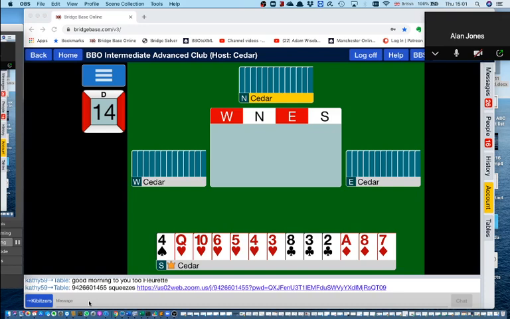Then we started to do squeezes which aren't quite as convenient. One of them was where you can't set the squeeze card in the right hand, and we found that it was still all right provided we had an extended threat suit. The entry suit had an extension there. Then we moved on to both threats in the same hand, and that led us to the concept of positional squeezes because the squeeze still works, but only on the player who plays second.